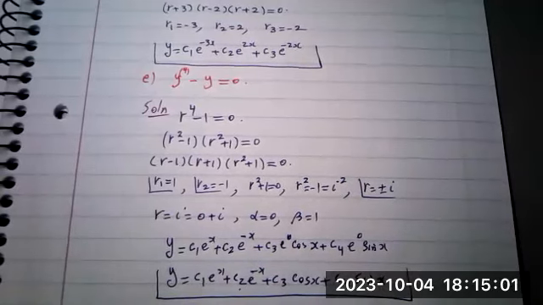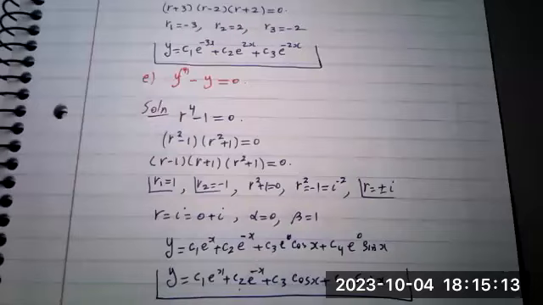You did have an equation of the fourth order, so you should have four solutions. And we have all the solutions. Yes, that's good. How do you determine your alpha and beta? r is i. There is no real part. So you write it as 0 plus i.